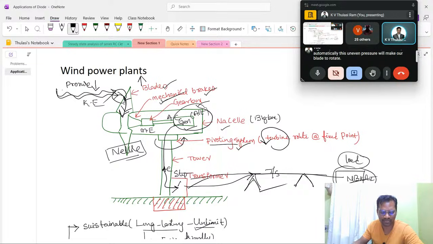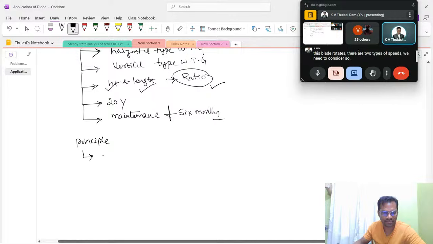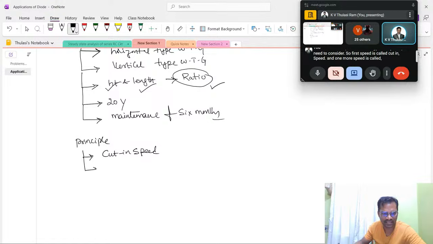Just like how our fan rotates. Whenever this blade rotates, there are two types of speeds we need to consider. The first is called cut-in speed, and the other is called cut-out speed. Cut-in speed is the minimum speed required by our wind turbine generator to start rotation.